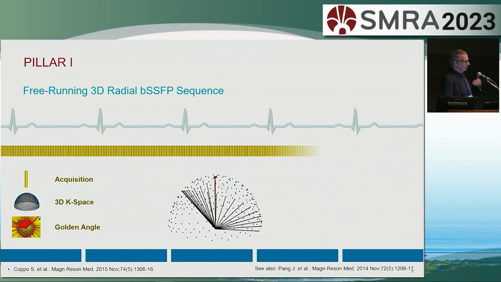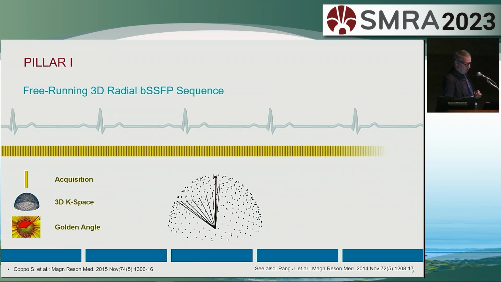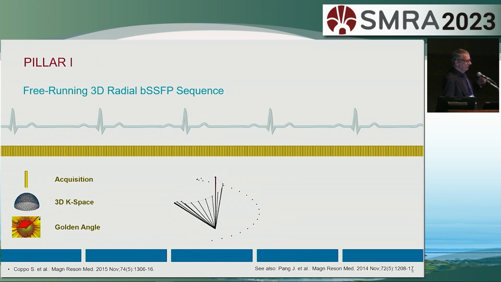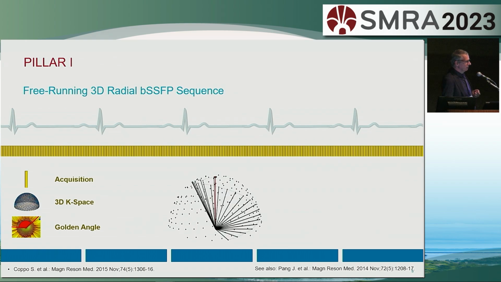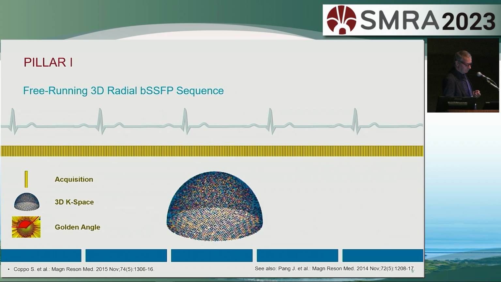RF pulses are constantly applied, readouts are constantly performed with this radial golden angle scheme, where every interleaf is rotated by the golden angle on the one hand, and where every interleaf has an SI projection on the other hand, which is shown in red here, to extract the physiological signals.